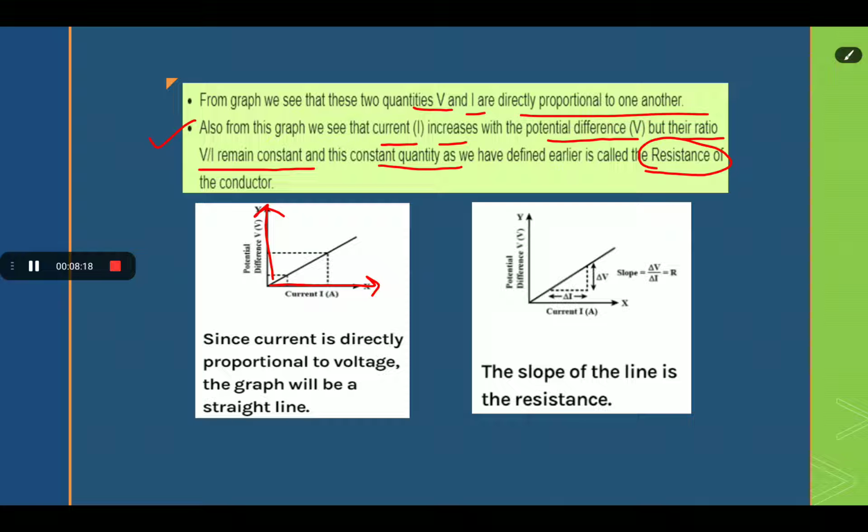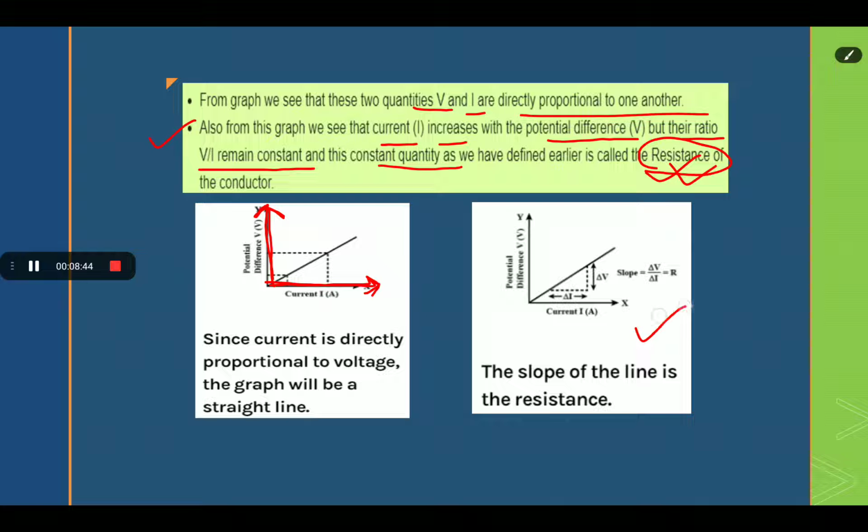It means that when the current increases as the potential difference increases, at any point if we find the ratio of potential difference and current, the quantity which comes is always constant, and that constant quantity is known as resistance.